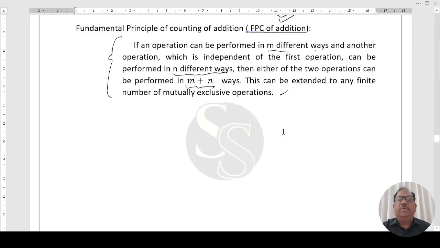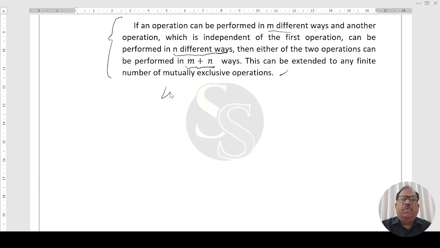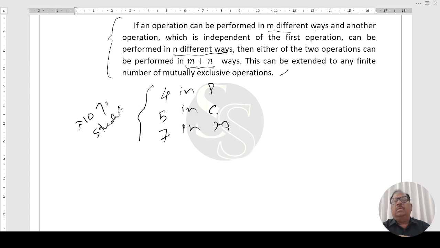4, 5, 7, number of students in physics, in chemistry, in math.